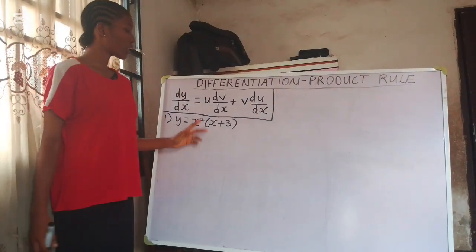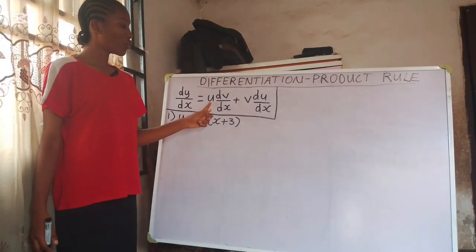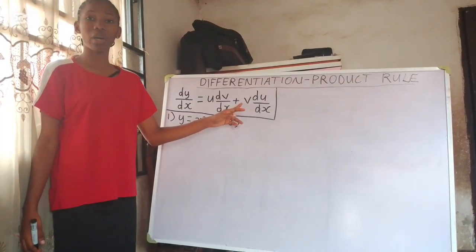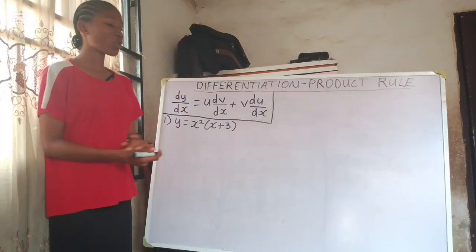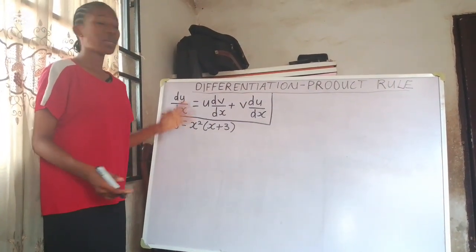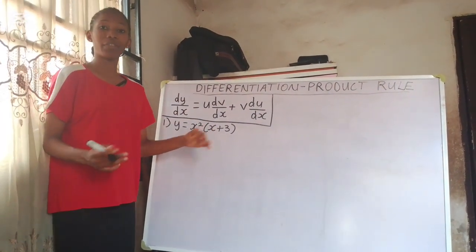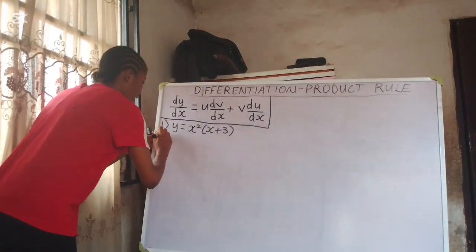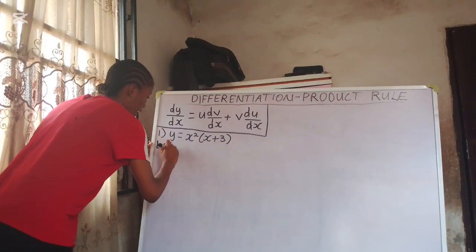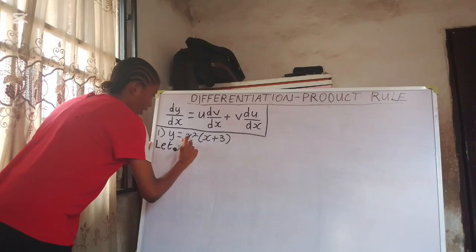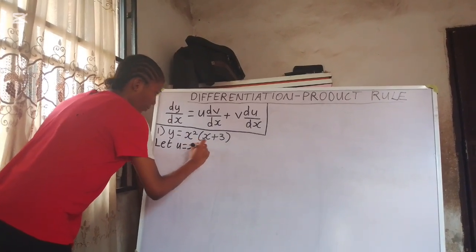First of all, as you can see from our formula, we have u and v, the parameters u and v. So the first thing you do is to assign your parameters. You name u as one function and v as the other function. So in this case, we'll be saying let u be the first function, x squared.